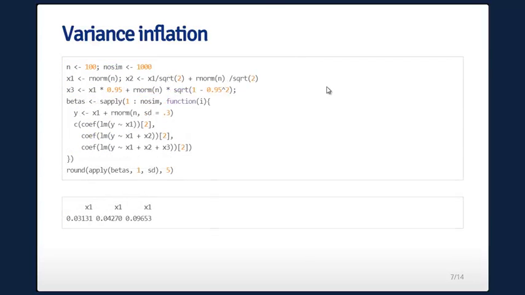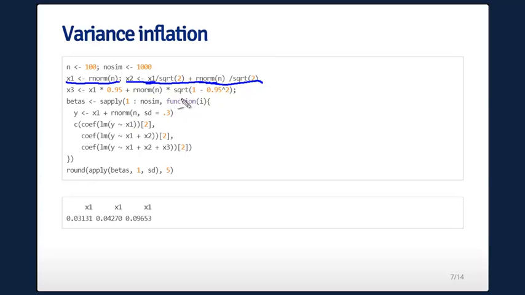But you can make the variance inflation much worse. Here's our x1, which is a normal, but now instead of x2 being just another random normal, I made x2 an average of some random normals and x1, a kind of average.